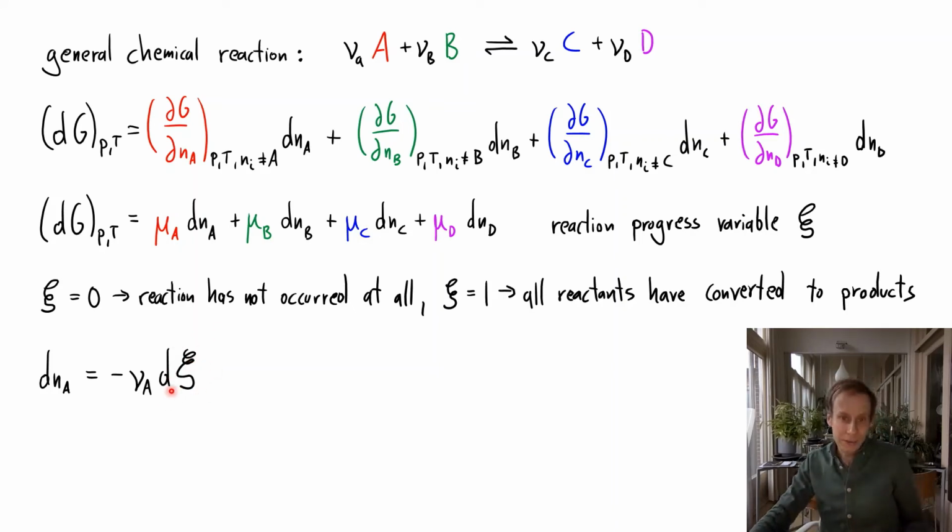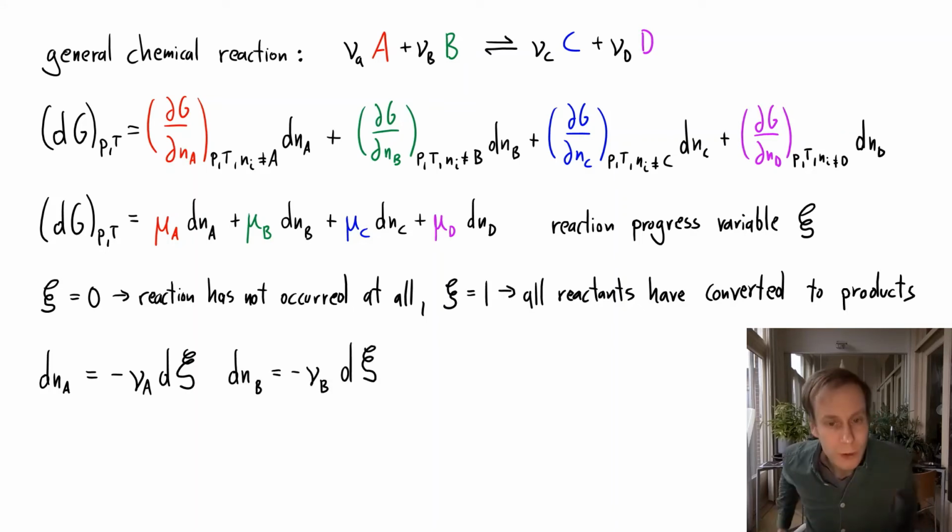And since reactant A is depleted during the reaction, we put a negative sign in front of the stoichiometric coefficient, right? And the same we do for reactant B. We also multiply the stoichiometric coefficient with the change of that squiggle parameter and put a negative sign to account for that reactant B will also decrease as products are formed.